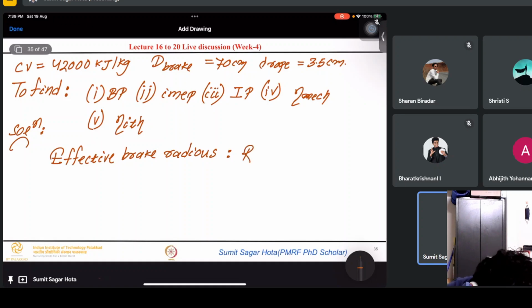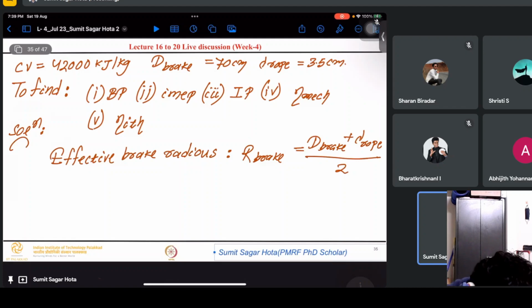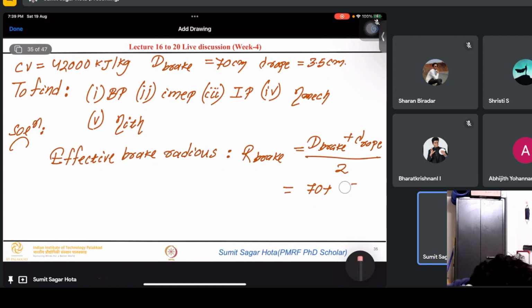Let it be R brake, which is equal to D brake plus D rope divided by 2, equal to 70 plus 3.5 divided by 2.